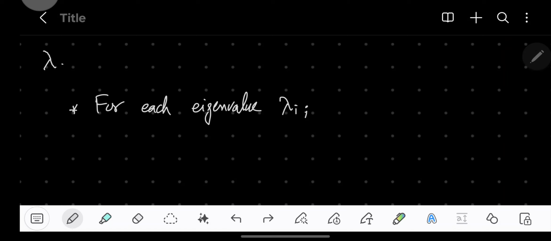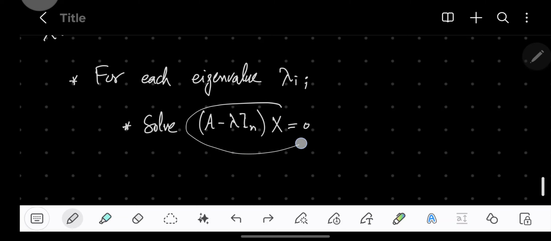So for each eigenvalue lambda_i, we will solve the equation A minus lambda_i I times x equals 0. So for each value of lambda_i, you will put this value here.